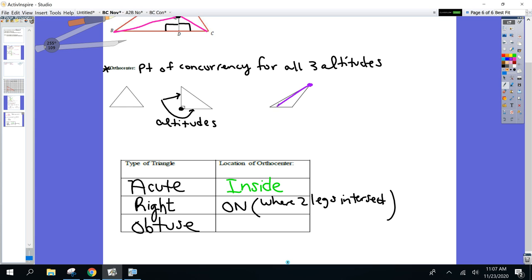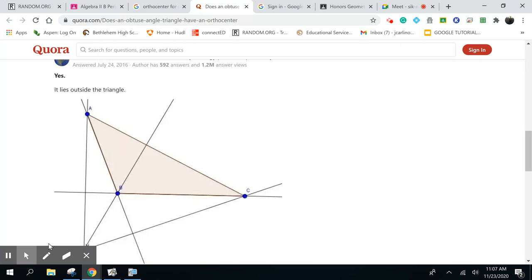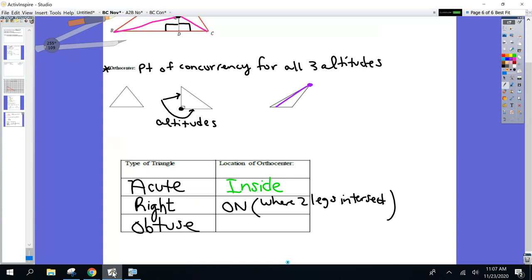No, I got a problem. I cannot draw an altitude inside the triangle. Everyone see my diagram here? Where are some of my altitudes going to form? It's going to be outside here. So where's the orthocenter going to be located in an obtuse triangle? Outside as well.